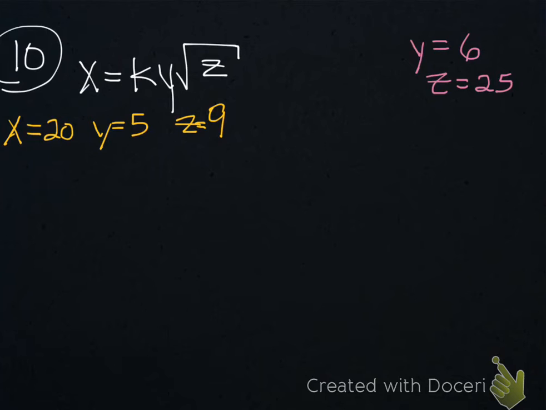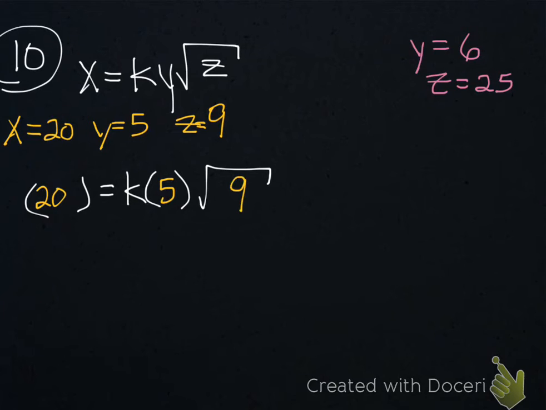Alright, so first we have to find our k value. Make sure you're plugging everything in appropriately. So that z does go under a radical. So x is 20, y is 5, z is 9. Now let's simplify. So I get 20 equals k times 5. The square root of 9 is 3.